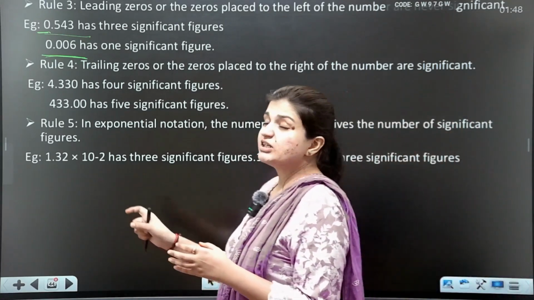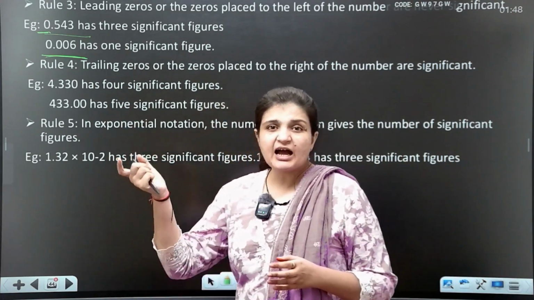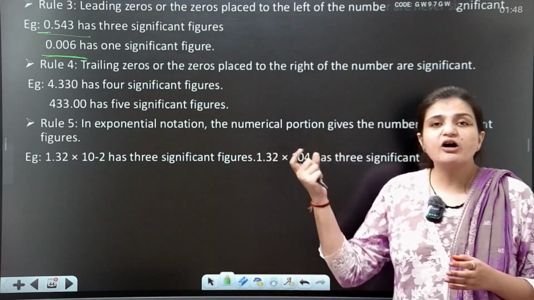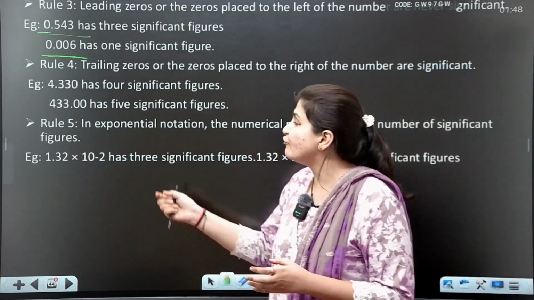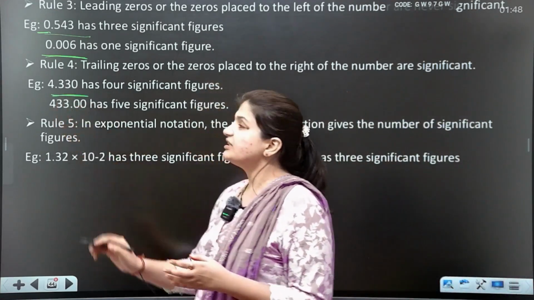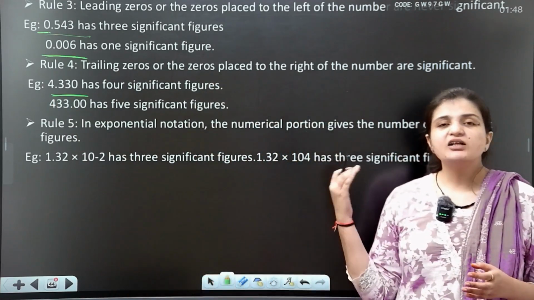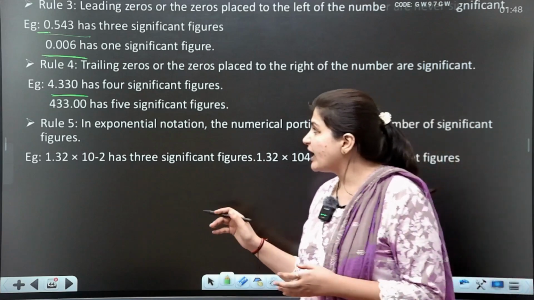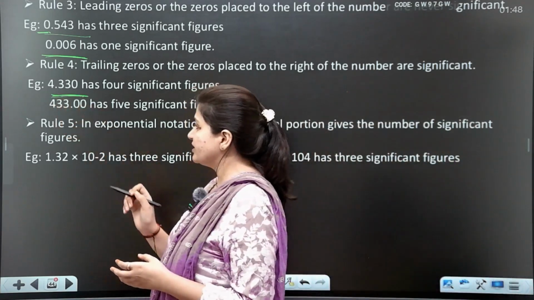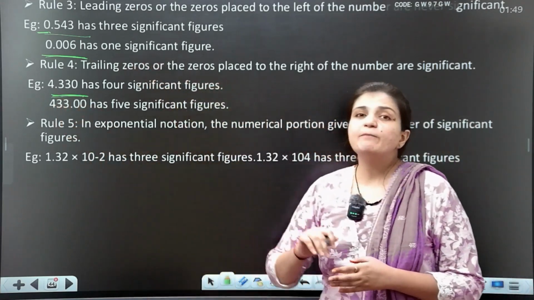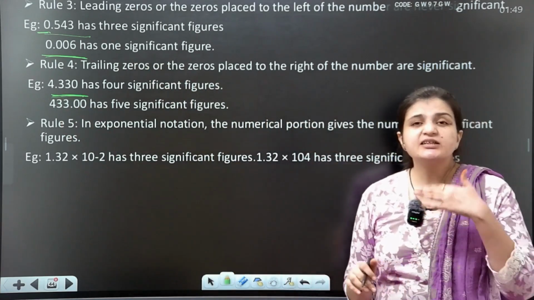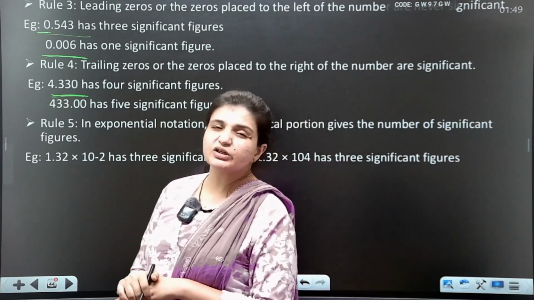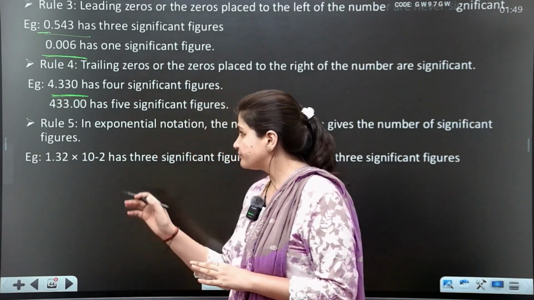But if we have zeros after the non-zero digits, those will be counted. For example, 4.330, here all the zeros will be counted, so it will be 4 significant digits. But in 0.543, the zeros are at the leading places, so they will not be counted.